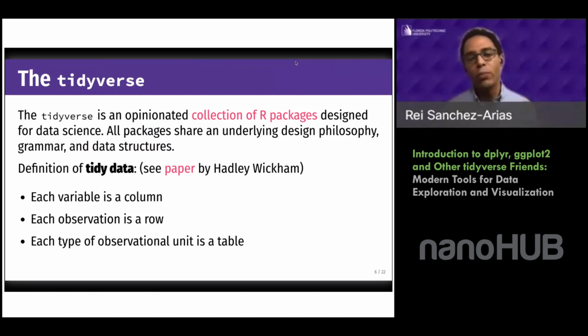So these are the 3 principles. The first one is that each variable is stored in a column. The second one is that each observation is stored in a row. And the third one is that each type of observational unit is a table. The first 2 are probably the ones that you need to know, that each variable is a column and each observation is a row, which means that if data doesn't come in that format, it's not quite ready for this set of packages or to fully take advantage of this set of packages.